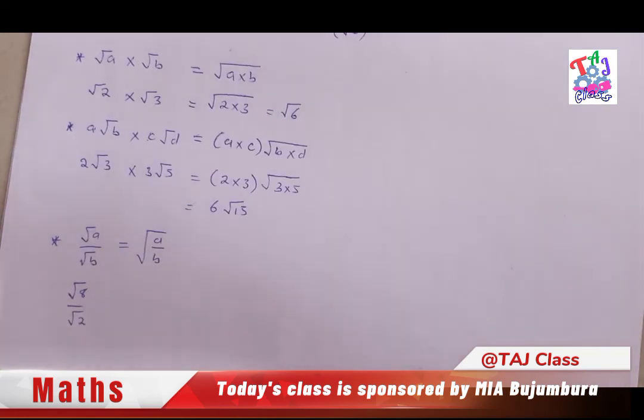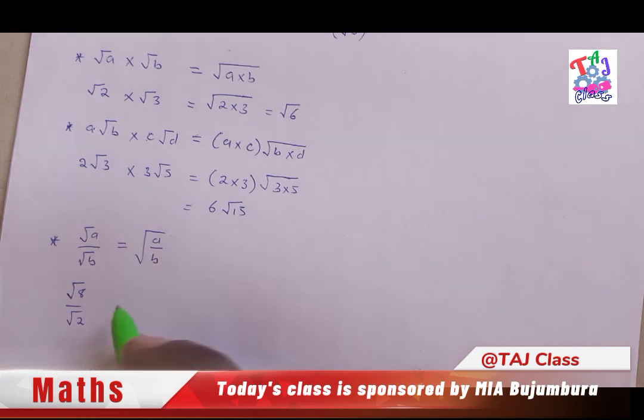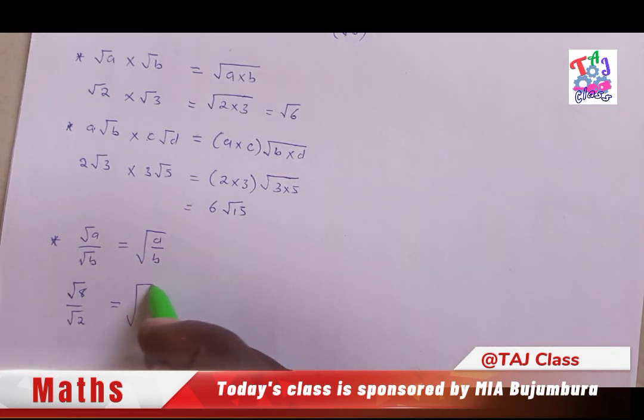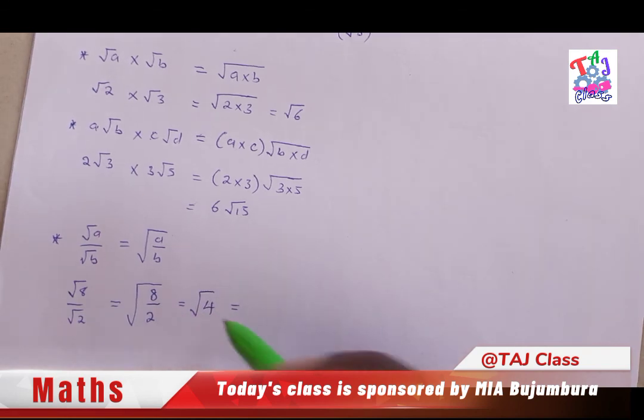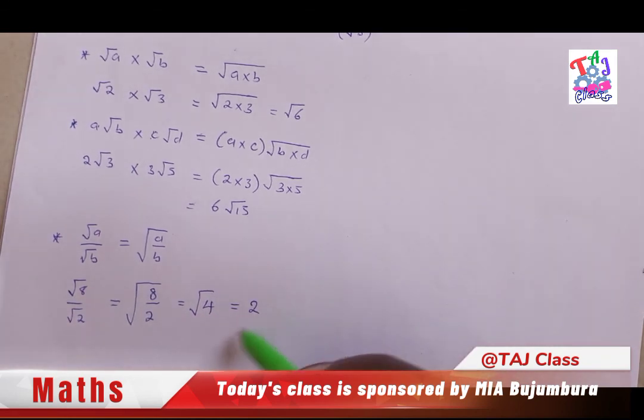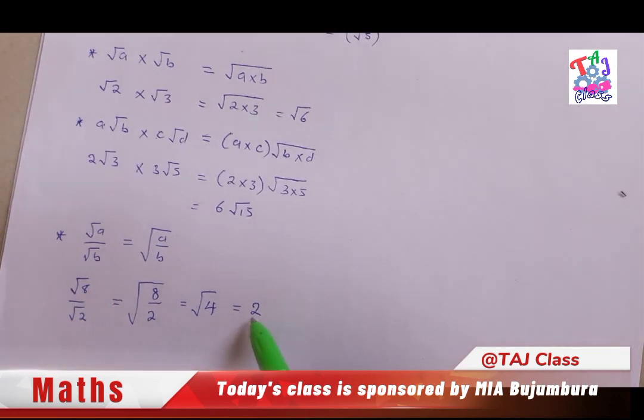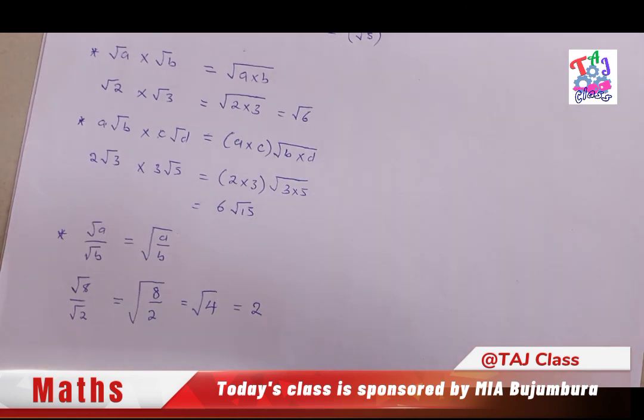By the way, did you know that if you decided to leave it this way, you do not end up with any correct answer. But if you do it this way, you will have now 8 being divided by 2. And remember, 8 divided by 2 is 4, and the square root of 4 is 2. So in this case, this one can be solved easily. But if you leave it this way, there's no way, because you will not get the square root of 8 and you will not get the square root of 2. So that is another trick.